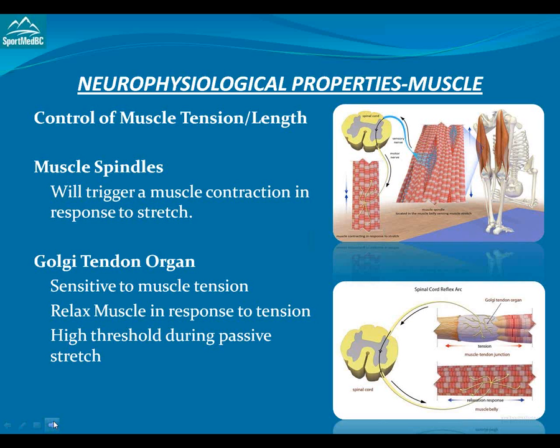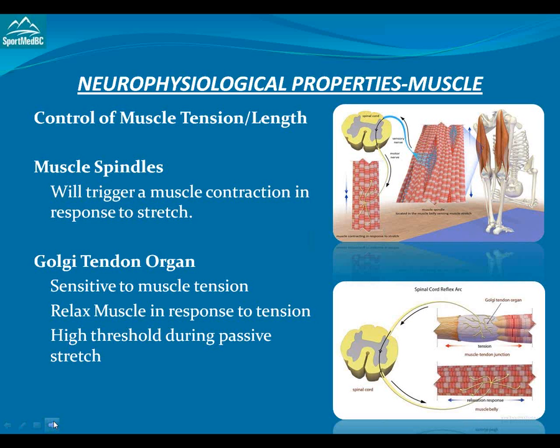Similarly, on the other hand, we have the Golgi tendon organ. The Golgi tendon organ, as it says in the title, is located more in the tendon or the musculotendinous junction, and this is really sensitive to muscle tension. What the Golgi tendon organ will do is actually relax the muscle in response to tension, but it's usually in response to a slower or controlled passive type of tension.